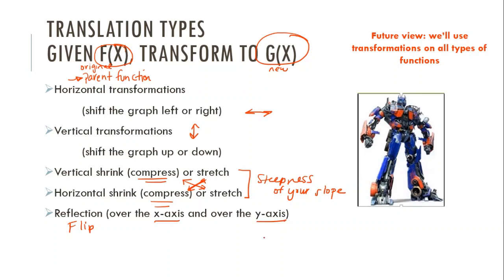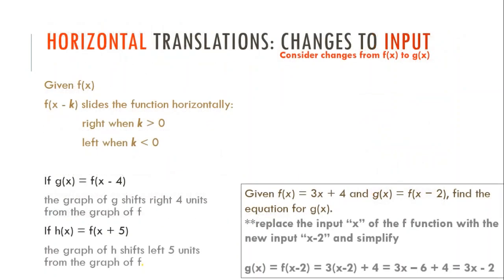So we'll take a look at what all of these look like in just a minute. The first one we're going to look at is our horizontal translation. I know there's a lot going on this page. We're going to go through this one piece at a time.